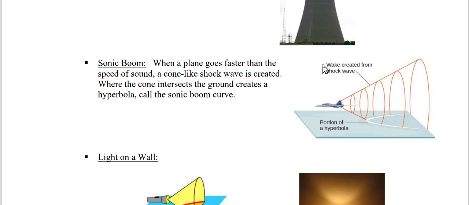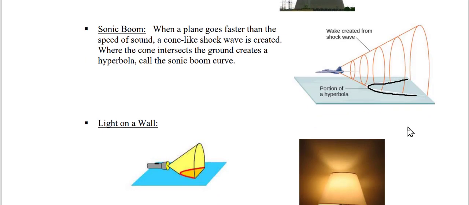The pattern of that cone that is created after a sonic boom, that sound wave that is created, how it intersects the ground is hyperbolic. So this shape here, because it's that cone intersecting with a plane, the ground, right?